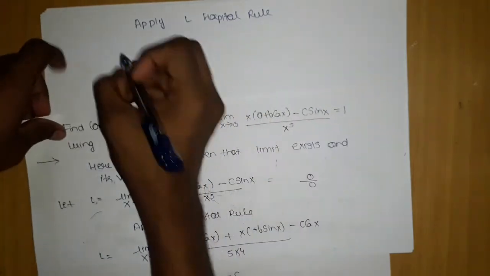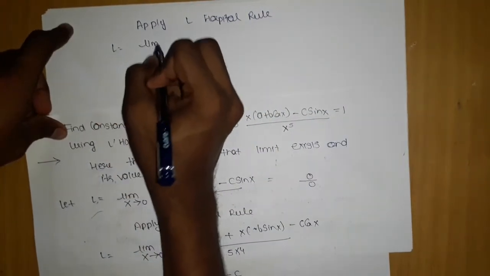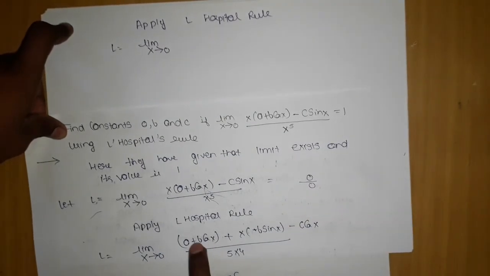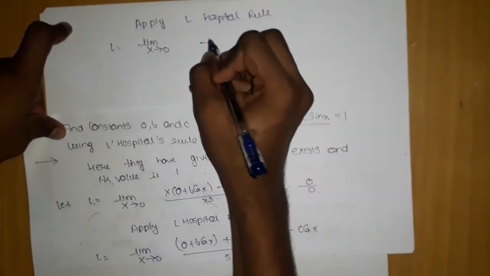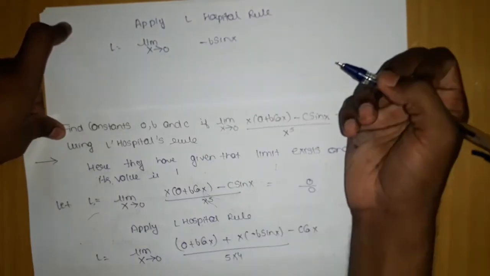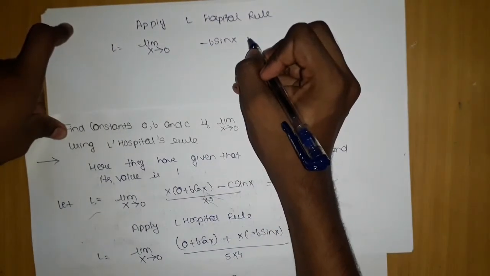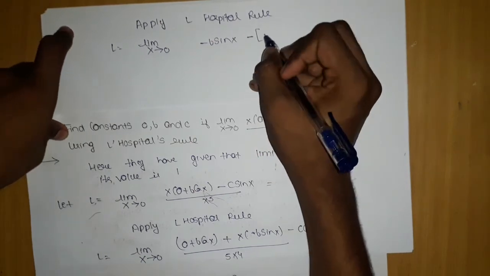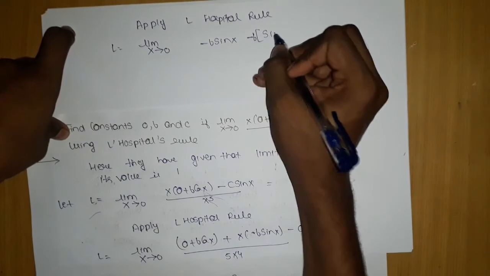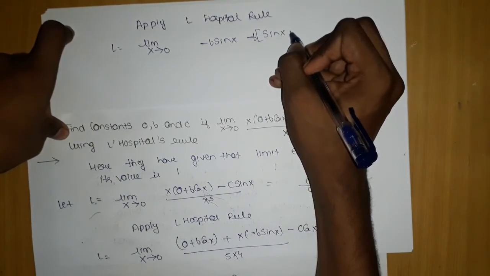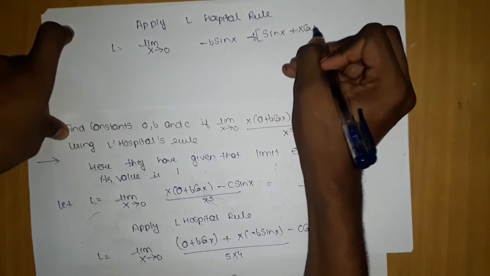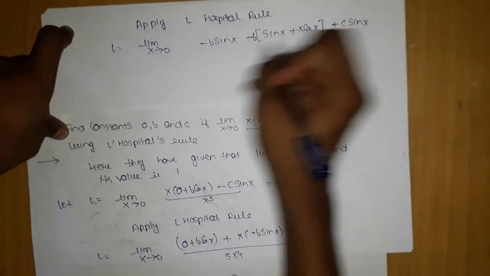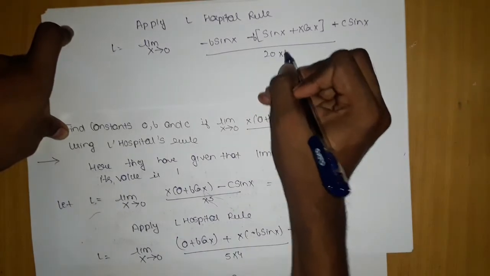If I apply L'Hopital's rule, what we have here is minus b sin x. Keep the minus outside, we will have minus b outside, we will have sin x plus x cos x, and we have plus c sin x, the whole by 20x power 3.